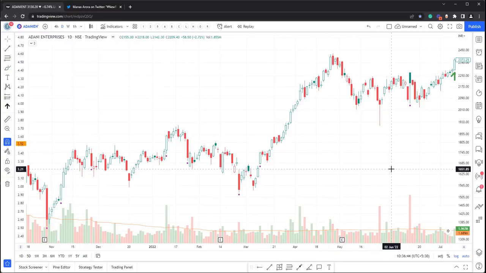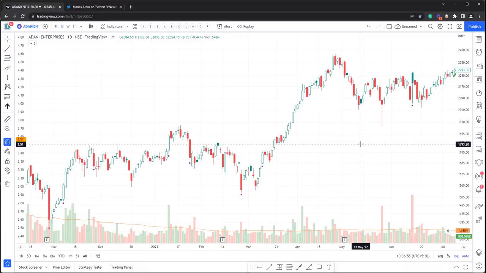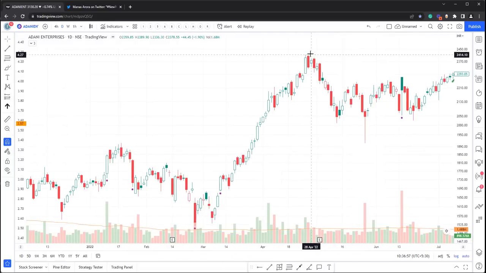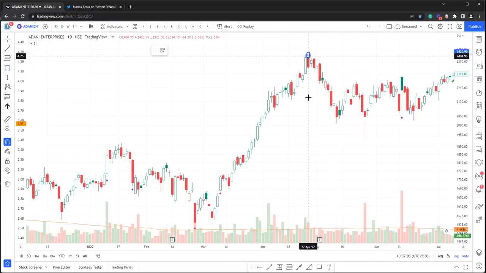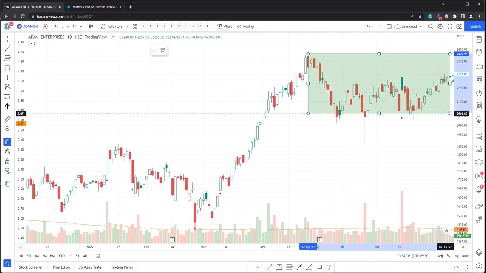If you remember the previous video on my channel, which is how to catch big moves studying the bases, let's study the base here before this day. So if you see, this is the entire base formation before I bought Adani.